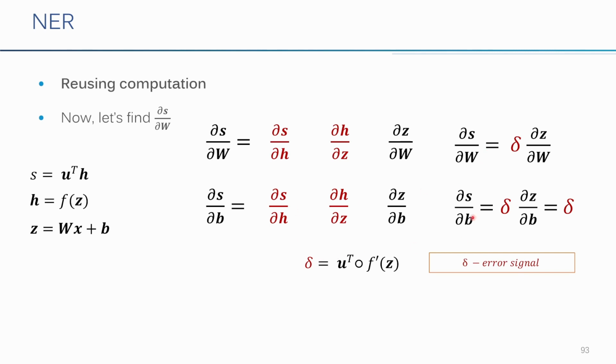So s with respect to b is the identity. So yes, we see that these terms right here that we have, s with respect to h and then h with respect to z, are pretty much our error signal right here. So we can apply this for all the other optimization that we might have.